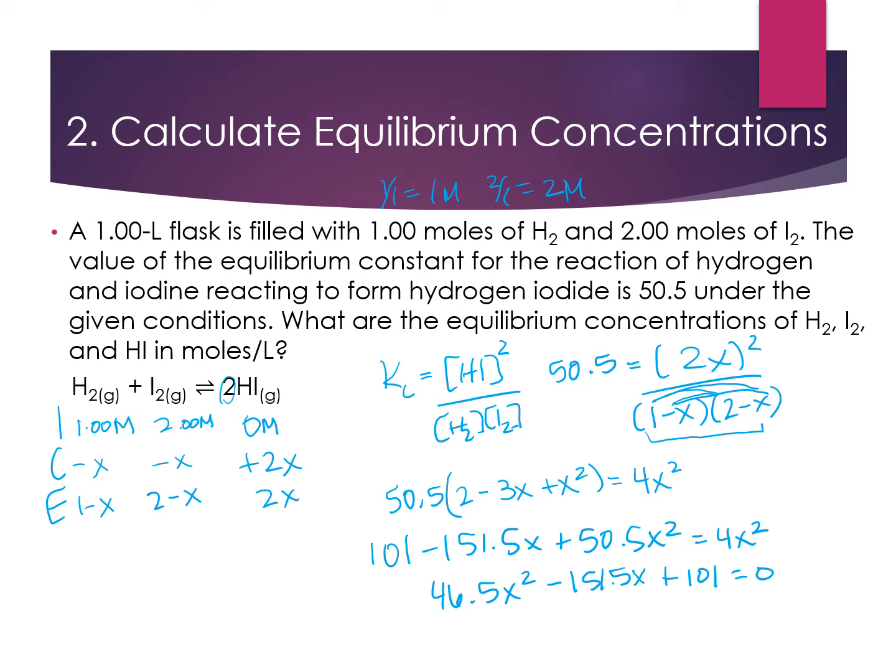Whew. All right. Again, for those of you who are like, oh my goodness, this is absolutely ridiculous, I'm about to show you a way that we can avoid doing this. So I'm going to plug this into the quadratic, or you could graph it.